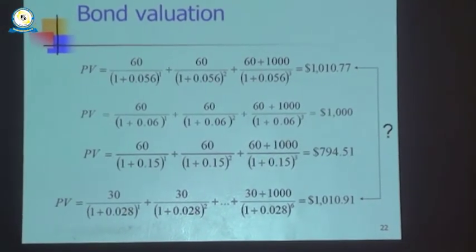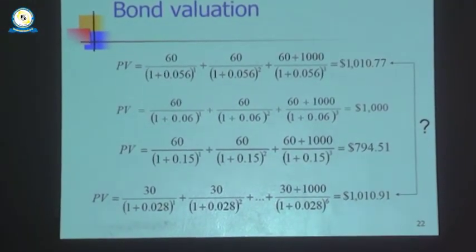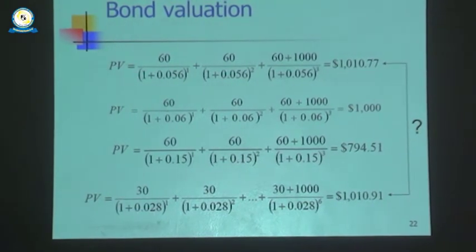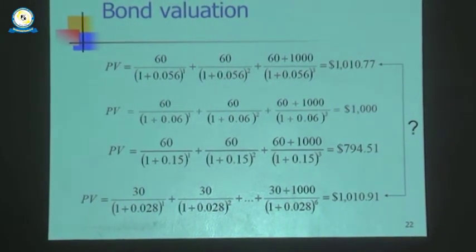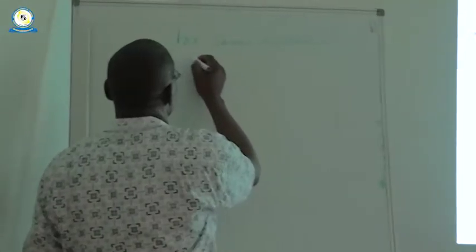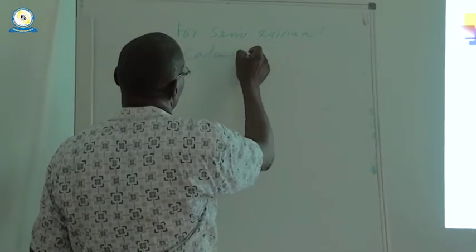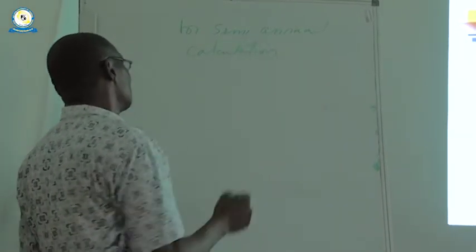But normally, bonds are paid semi-annually. Now, for semi-annual calculation, we have a general formula.